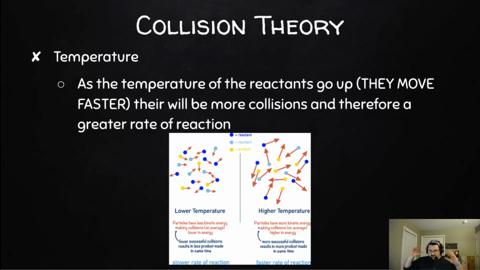In order to really think about collision theory here, you just have to jump down to the molecular level and think about what would increase these concepts. When we're talking about liquids, we could talk about things like temperature, concentration, or even things like agitation, stirring, anything that's going to cause greater collisions to happen.